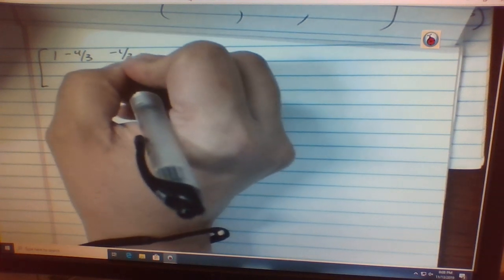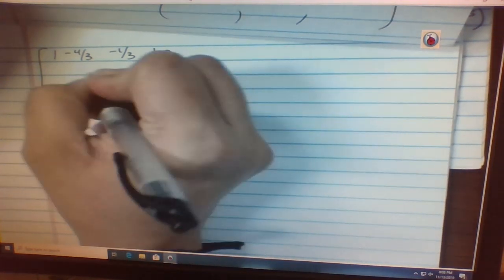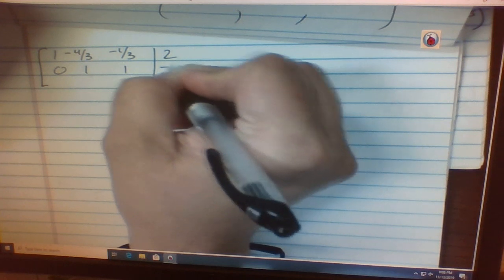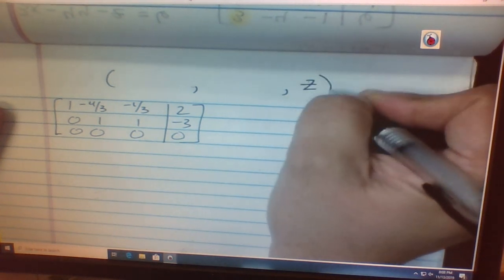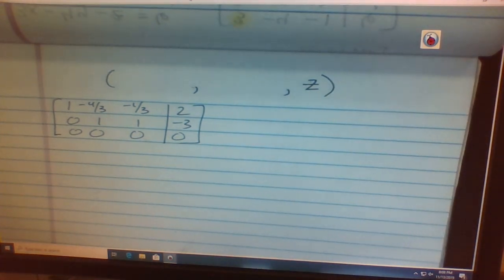So I have 1, negative 4/3, negative 1/3, 2; 0, 1, 1, negative 3; 0, 0, 0, and 0. Please keep in mind, my answer consists of X, Y, Z. The last one is going to be Z, and it's going to be given.